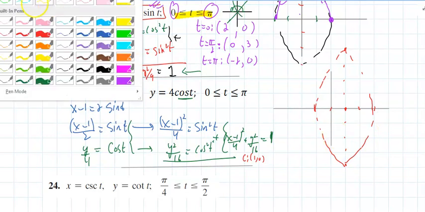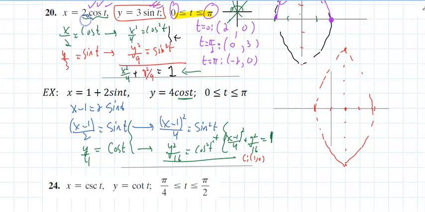And if I take values, let's say at t equals 0, sine of 0 is 0, that's a 1. Cosine of 0 is 1, that's a 4. 1, 1, 2, 3, 4. Here I am right now.